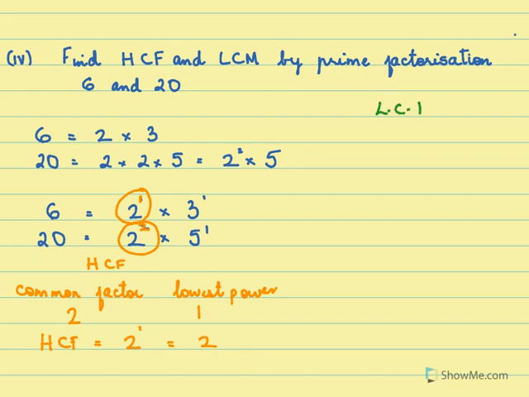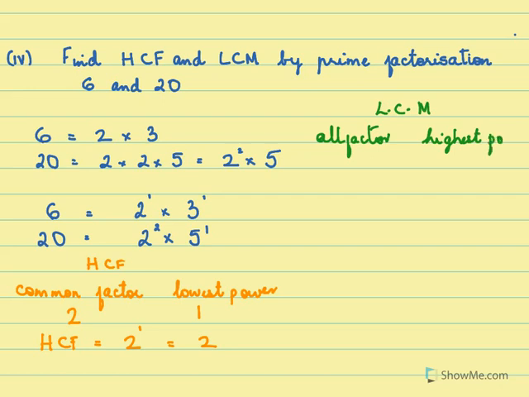To find the LCM, we write all the factors and the highest power. So all the factors, there's a 2, there's a 3, 2 we have already written, there's a 5. These are the factors which are present. And now the highest power of 2: 2 here is raised to 1, here is 2 raised to 2.